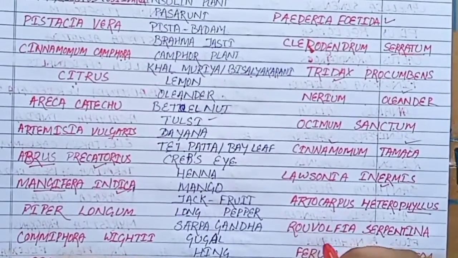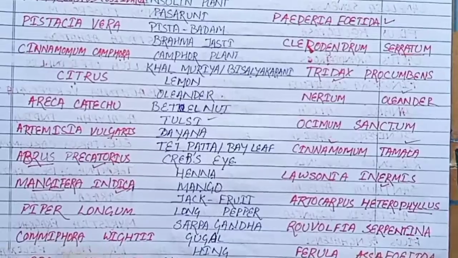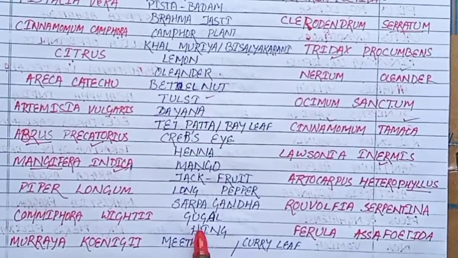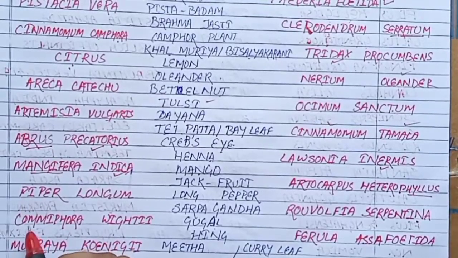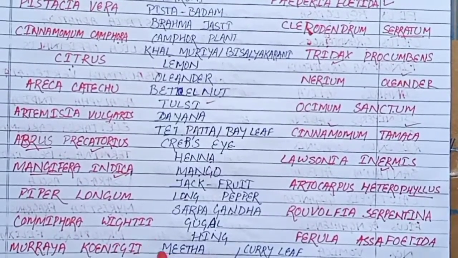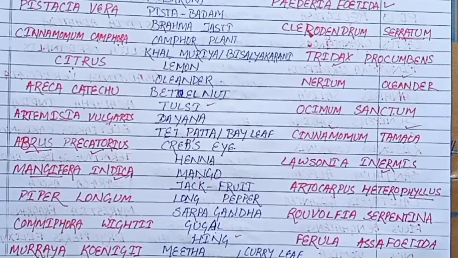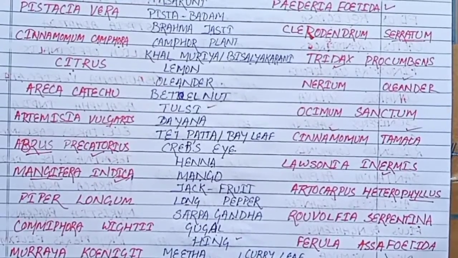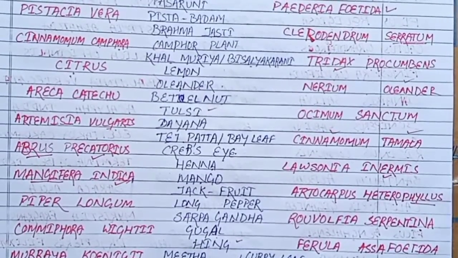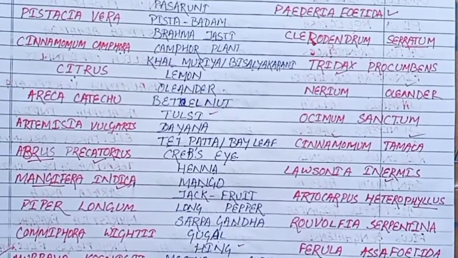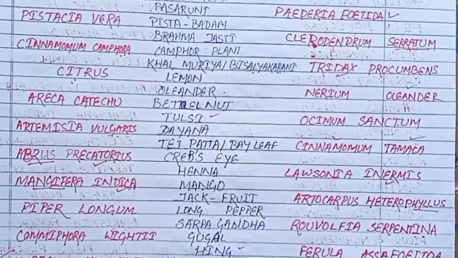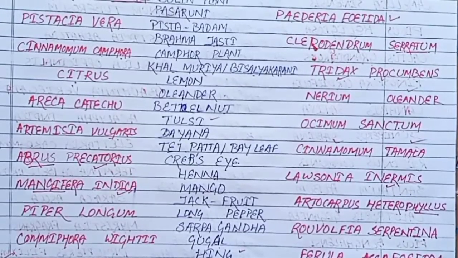Sarpagandha, whose scientific name is Rauvolfia serpentina. Then guggul, that is Commiphora wightii. Hing or Hingu, that is Ferula asafoetida. Curry leaf, whose scientific name is Murraya koenigii.